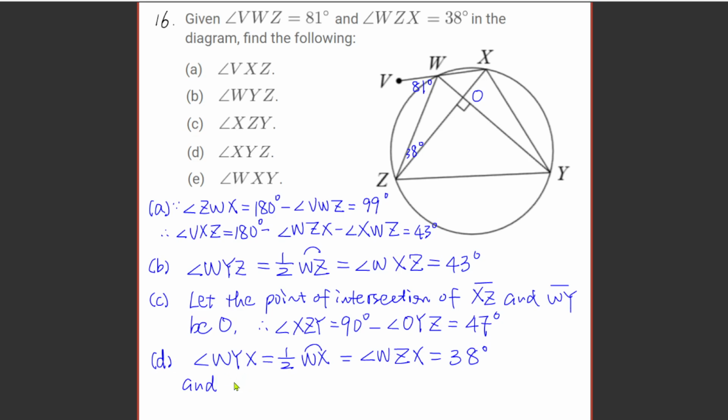And we know that the angle WYZ equals 43 degrees. Therefore, we have angle XYZ equals angle WYX plus angle WYZ, which equals 81 degrees, right?